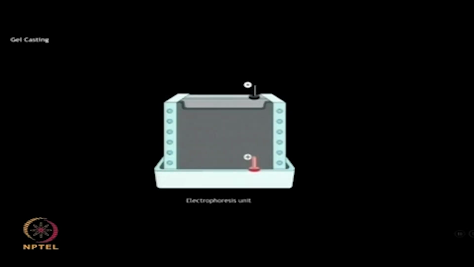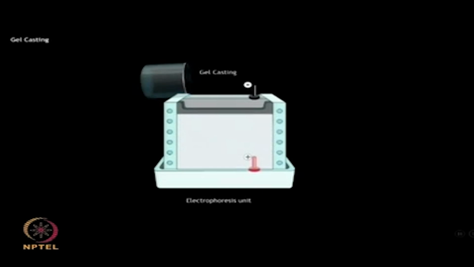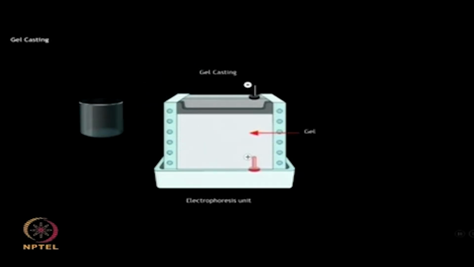Blue native page or BN page. The polyacrylamide gel is cast between the glass plates as a vertical slab in the same buffer that is used for electrophoresis. The gel is prepared by free radical induced polymerization of acrylamide and bisacrylamide in a suitable buffer.